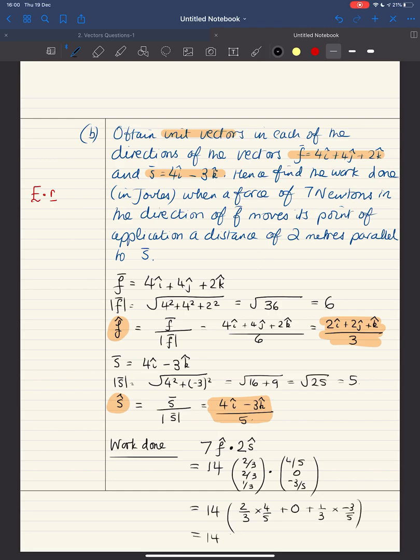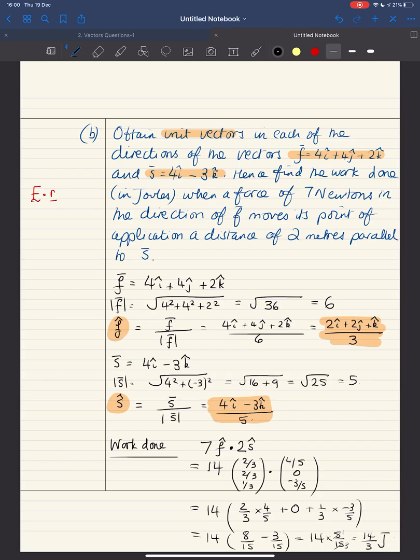So it's 14, and this is times 8/15 minus 3/15. So it's 14 times 5/15. That cancels to a third. So it's 14/3 of a joule.